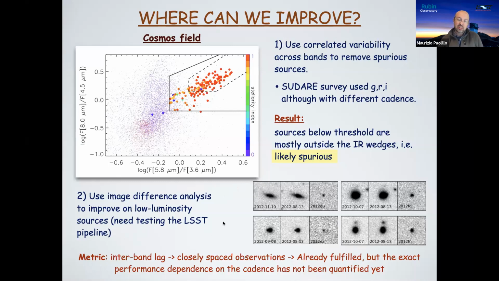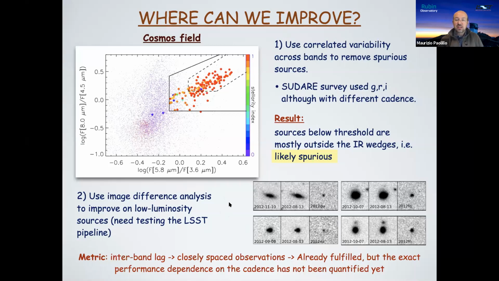So we want to be sure that different bands are observed close to each other, so that we can use correlated variability, not only to do science, but also to improve our chance of detection and identify AGN with respect to other sources. And this is partly already fulfilled, but we are planning to look at the OpSim and see if there are peculiar choices that make it harder to detect AGN and to clean the samples with long distance between two different bands.